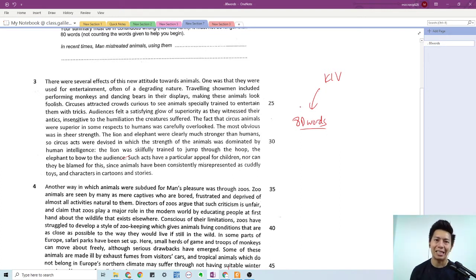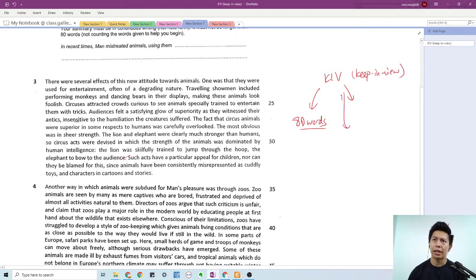You are limited to 80 words. So you have to be very, very selective on what you pick as your point. And that tells you there are some points that you may not be very sure if they're points. We will label them as KIV points. KIV stands for keep in view.